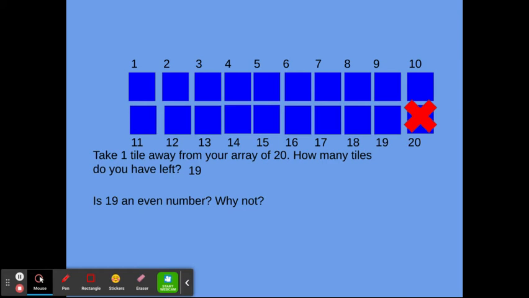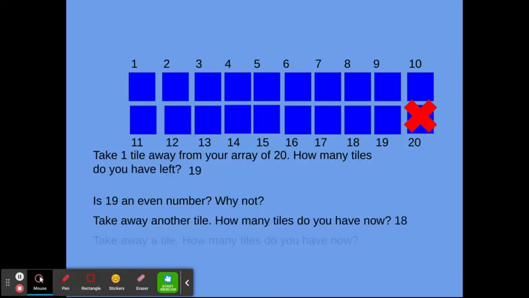The number sentence would be 10 plus 9 equals 19. There's no 10 on the bottom and 9 on the top, so it is not an array with 2 rows or 2 columns. So that means that 19 is an odd number.